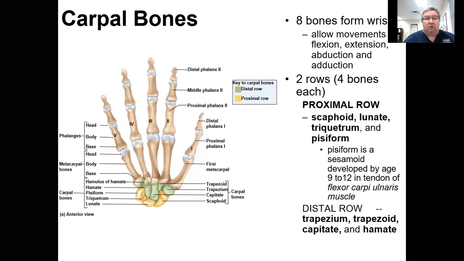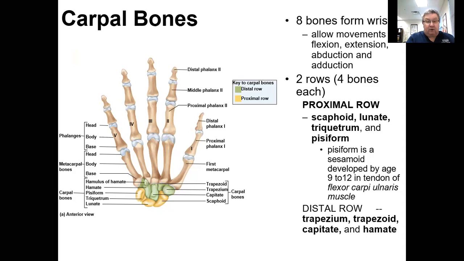The carpal bones. So now we're talking about the wrist. Just like I said yesterday, you're going to need to know the rows. The proximal row is the row closest to the body. The distal row is the row closest to the fingertips. And again, go from the thumb side. The proximal row bones are the scaphoid, lunate, triquetrum, and pisiform.